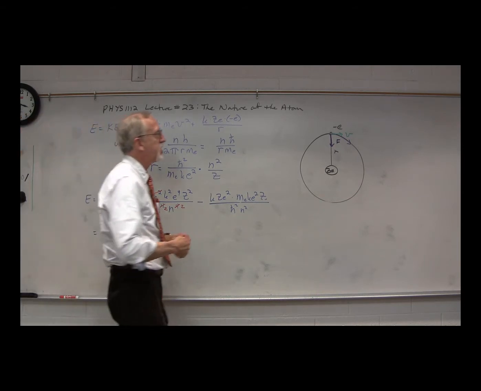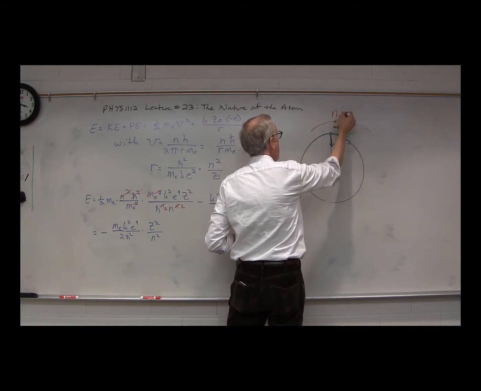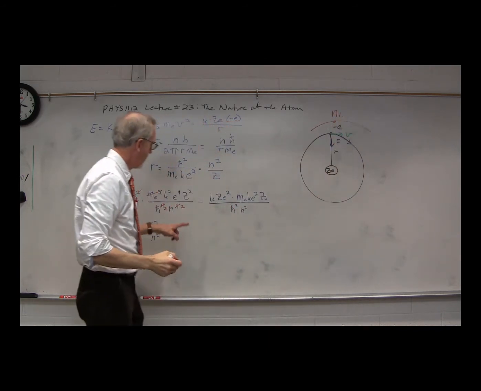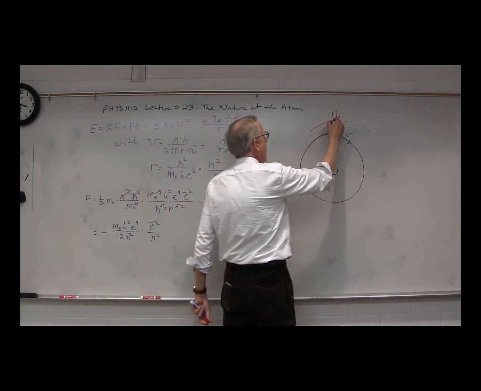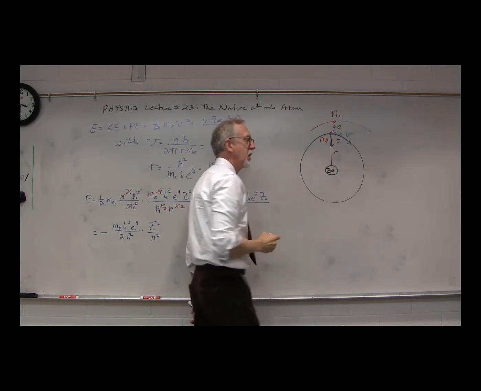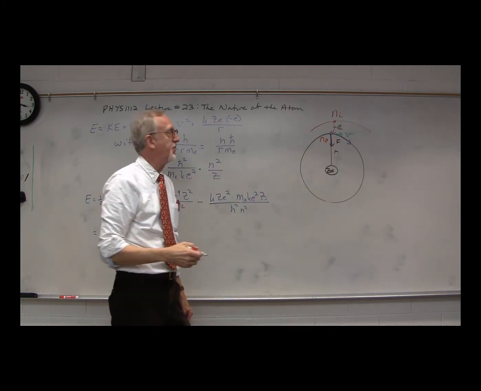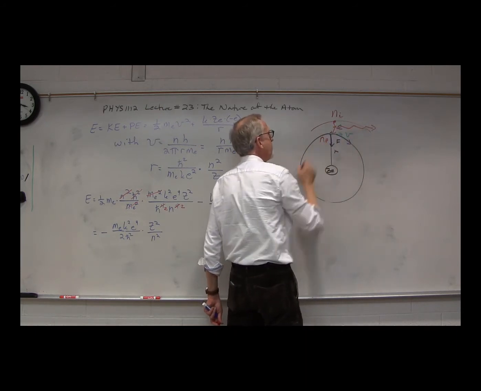Now let's imagine that we start out at some initial value n_initial for our number n here, and then we drop down to some lower value n_final. Remember, we're expecting the energy of the emitted photon to be the difference between those energies.